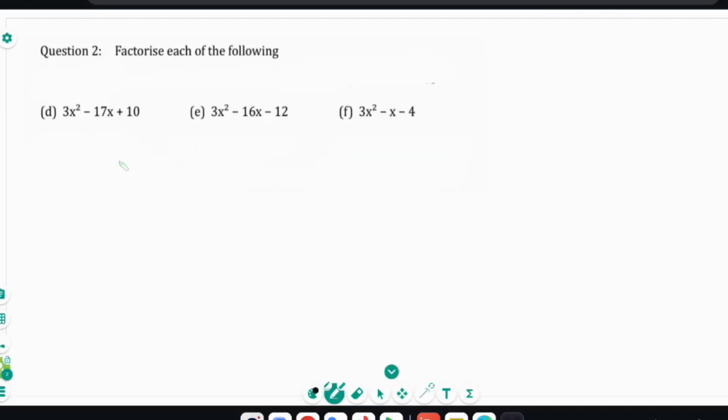Okay, next set of 3. Times to give 30. Add to get negative 17. It is minus 15 and minus 2. 3x.